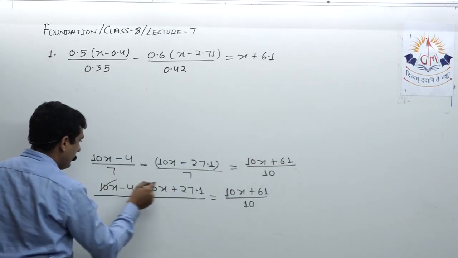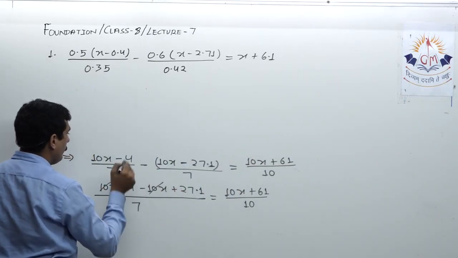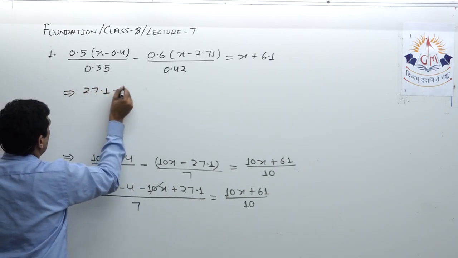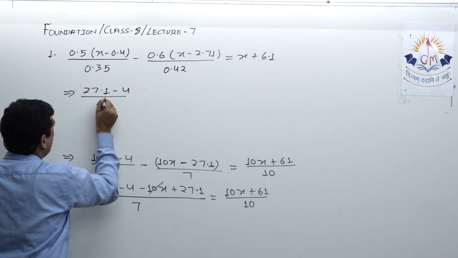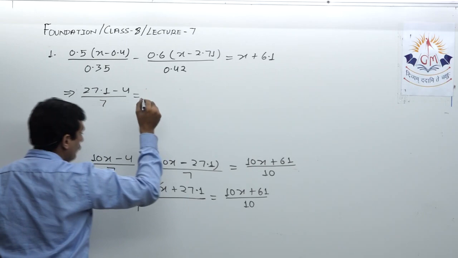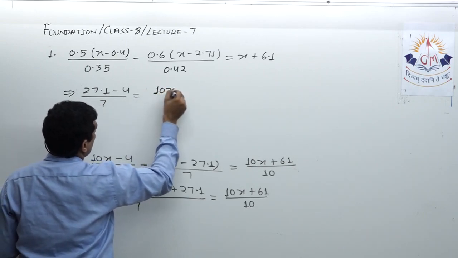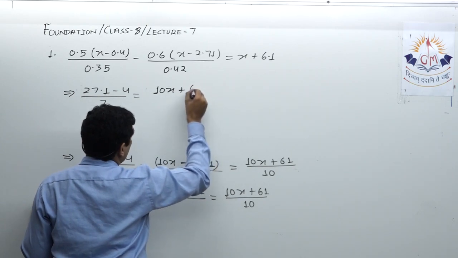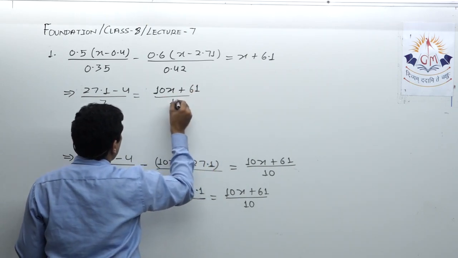This 10x cancels. 27.1 minus 4 divided by 7 is equal to 10x plus 61 upon 10.